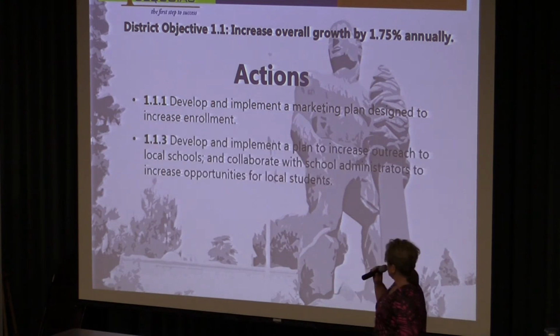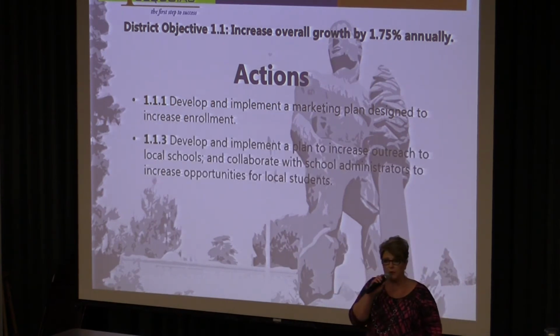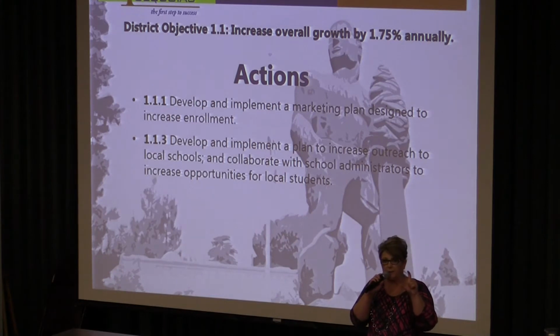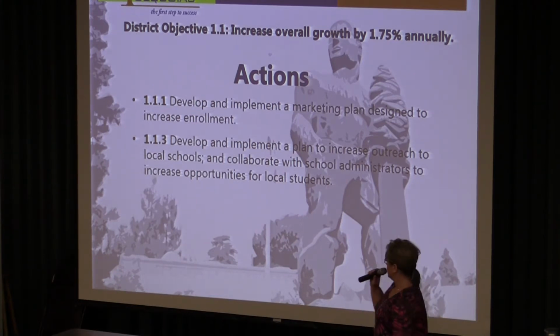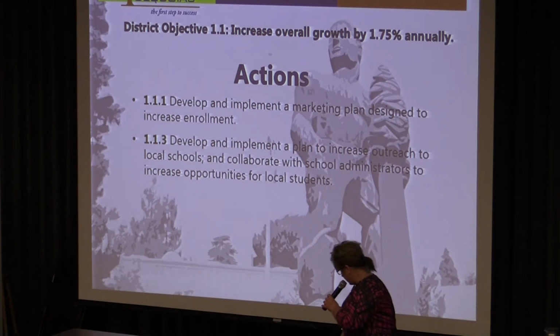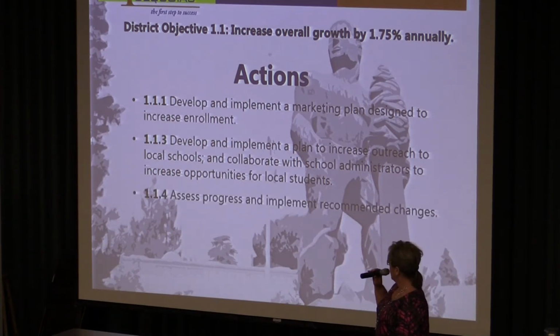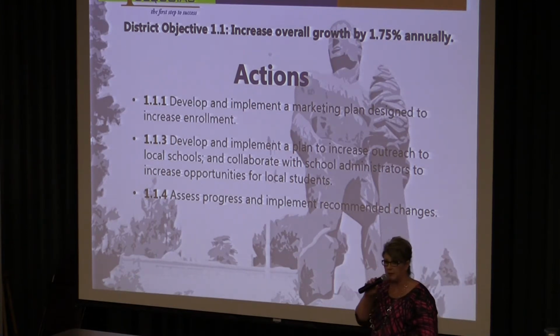We're also going to look at increasing our outreach to local high schools, whether that means increasing concurrent enrollment to get those students in the pipeline to come to COS, or having COS be a first choice for our local students who are graduating. And the last action we have planned is to assess the progress and implement any changes.